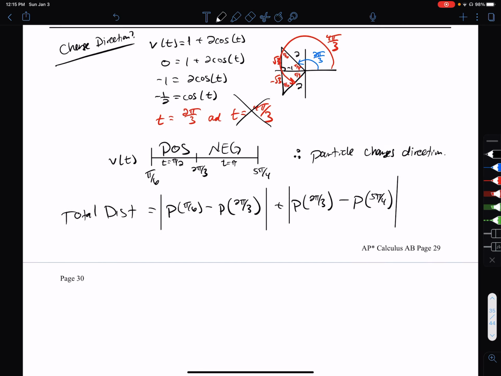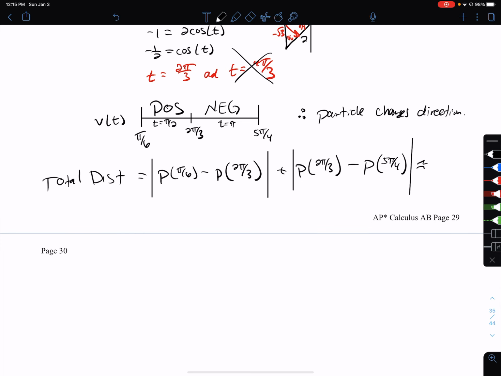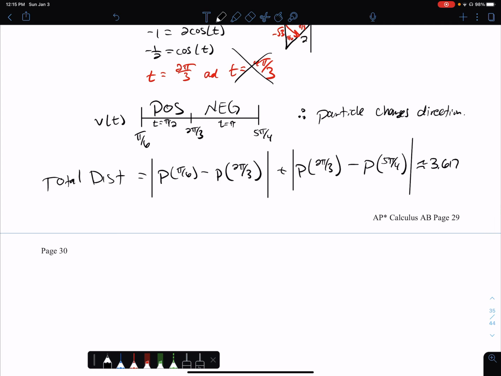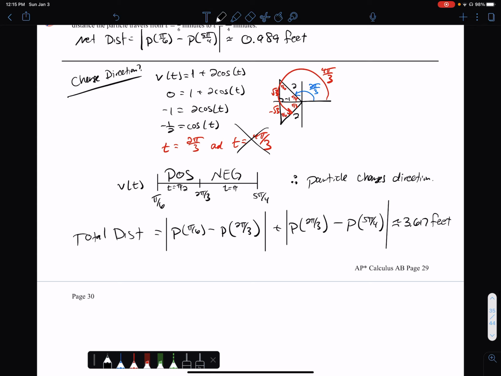And I would find that this is about 3.617 feet, which is quite a bit different than the net distance.